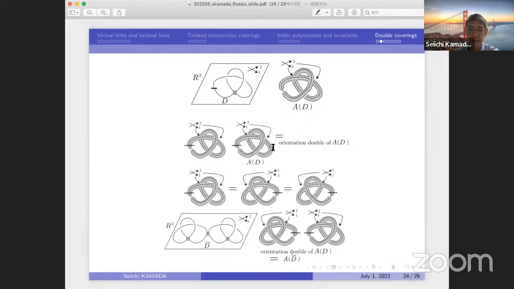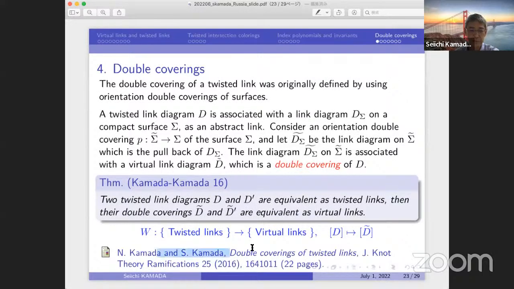Then we have a connected surface, and it is an orientable surface. And one side is equal to this one. So this figure, we can change like this, and we have a virtual link diagram like this. The precise method is given in this paper. So if you are interested in double coverings, please refer to this paper.